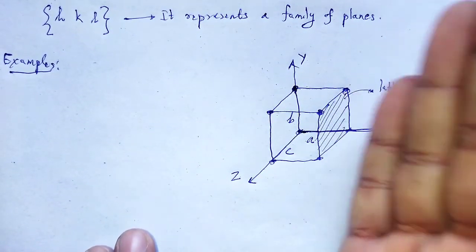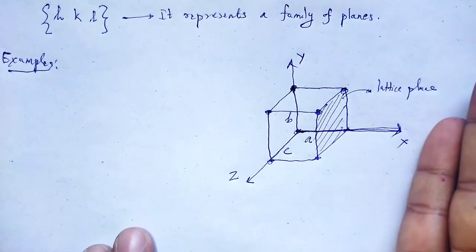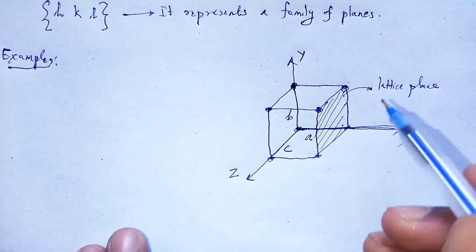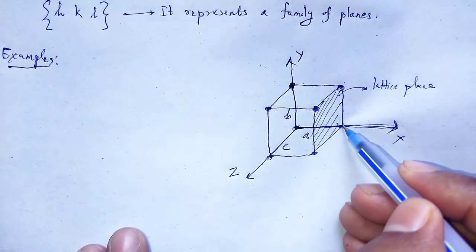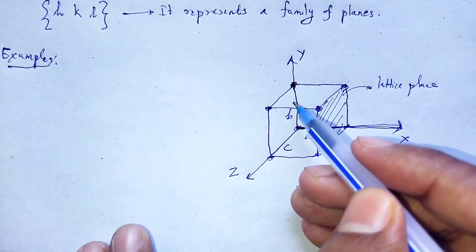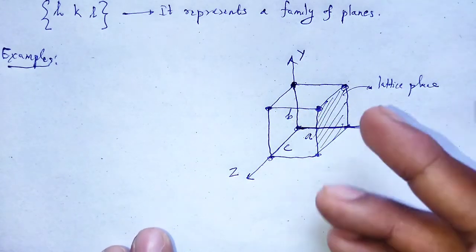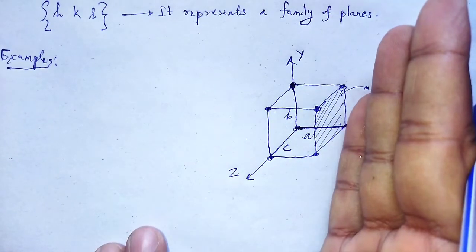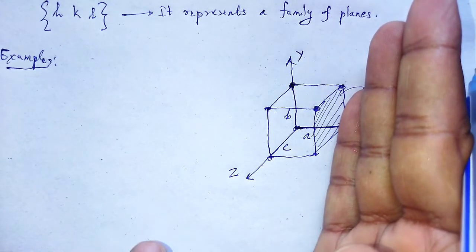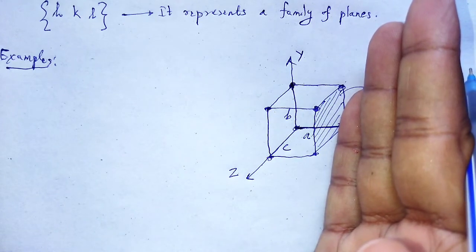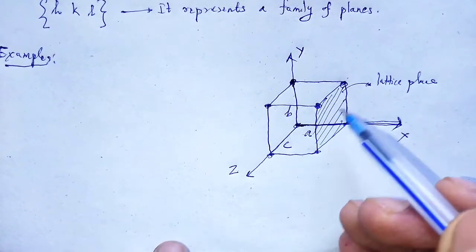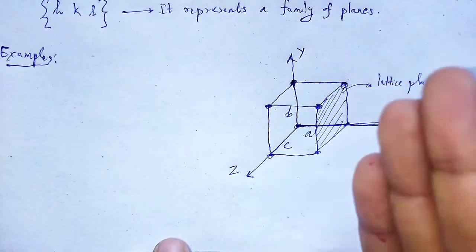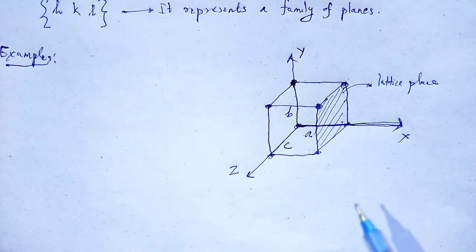the shaded plane intersects the x axis at A. In a theoretical manner, there is no such intersection of that plane with the y axis, but it intersects at infinity, and again that plane intersects the c axis also at infinity.